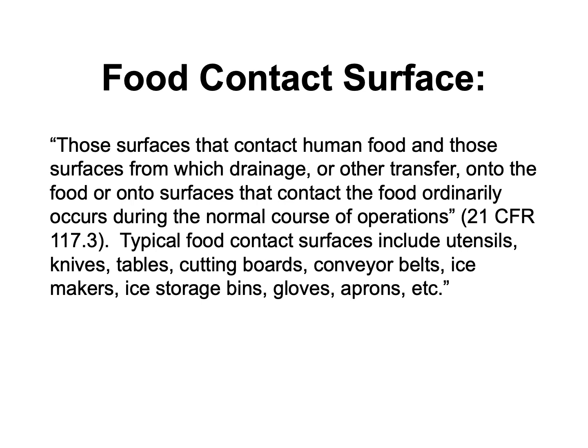Some common food contact surfaces include utensils, knives, tables, cutting boards, conveyor belts, ice makers, ice storage bins, gloves, aprons, etc. This definition was extracted from the regulation 21 CFR 117.3 in the definition section.